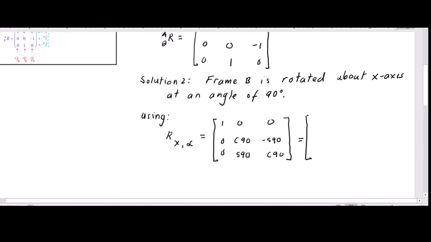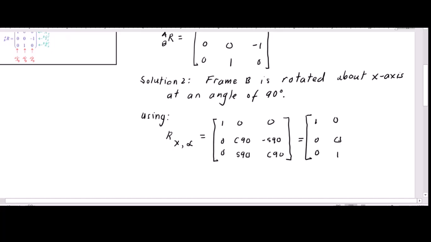This can be verified with this second solution. Look carefully. Rewrite this again: 1, 0, 0. What is cosine 90? As you can remember, it gives you 0. But what is sine 90? That gives you 1.